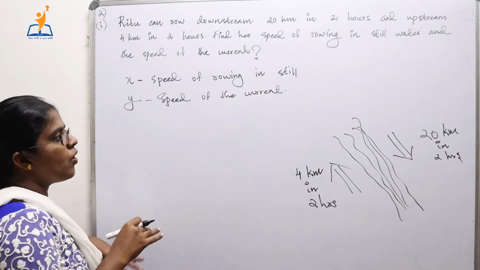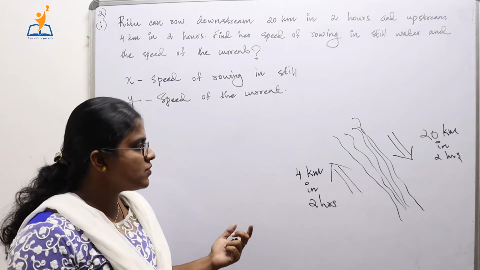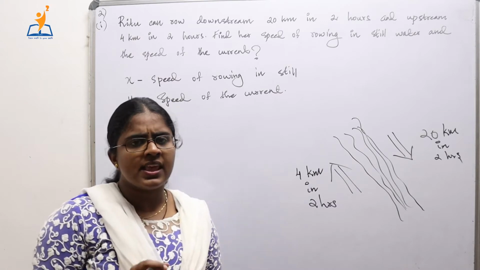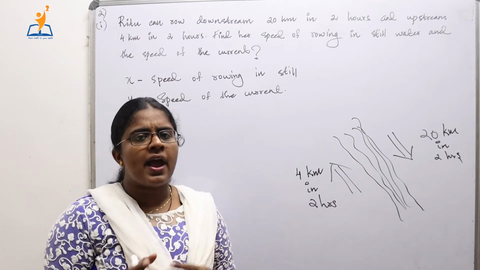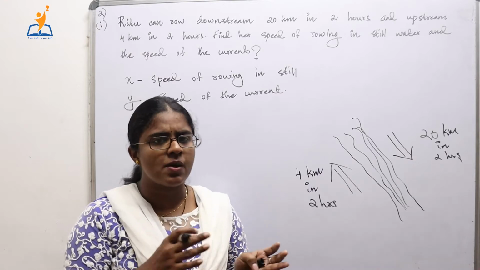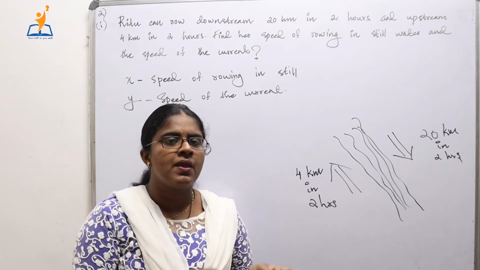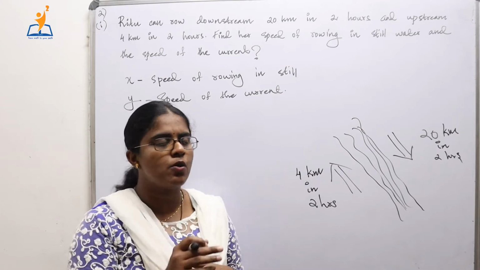So let's form some equations from the given conditions here. After thinking about rowing upstream and downstream, we can form some formulas regarding the speed of rowing in upstream and the speed of rowing in downstream.